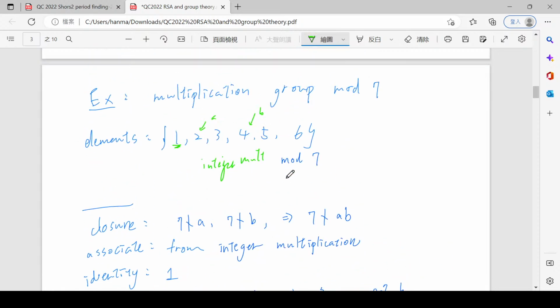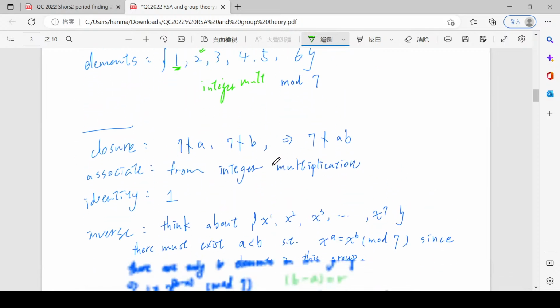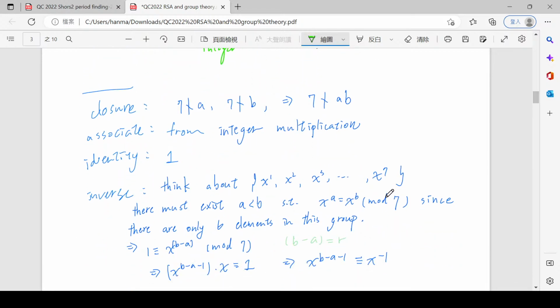So the proof is like this. You think about some element x and you want to find its inverse, right? So the question is, what is x inverse? You have some x and you want to find x^-1. And then you just start listing things.